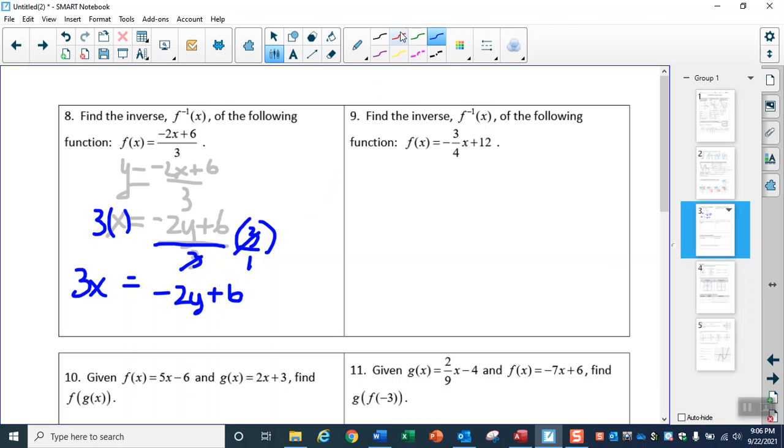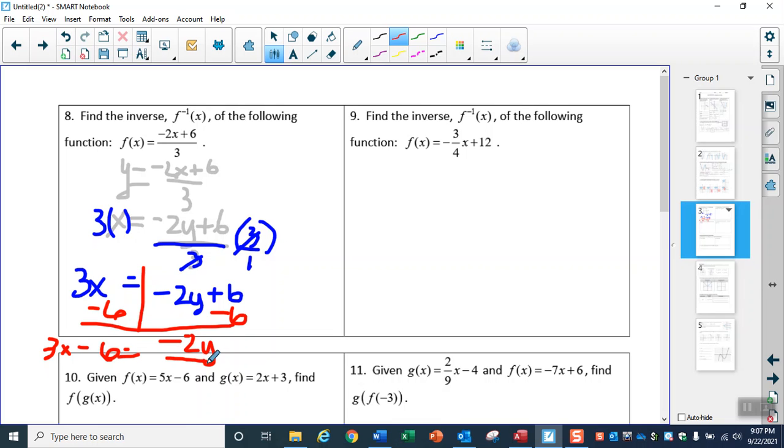All right, and then, farthest away, so the inverse of plus 6 is -6. So I'm going to do -6 on both sides. Can't combine that, right? So I've got 3x minus 6 equals -2y.